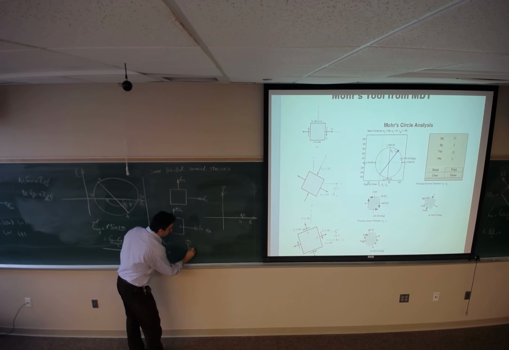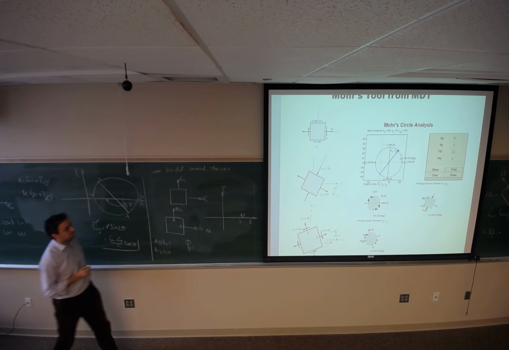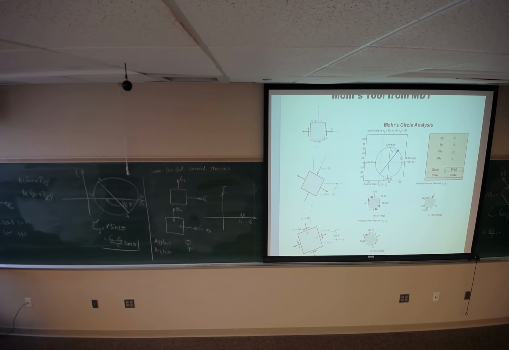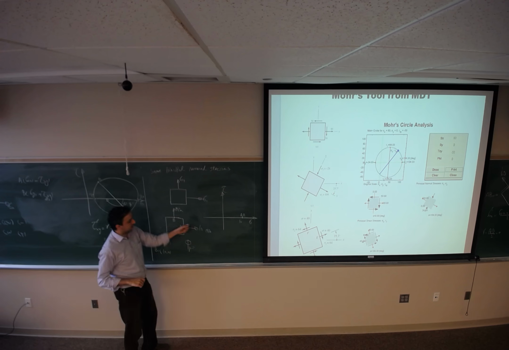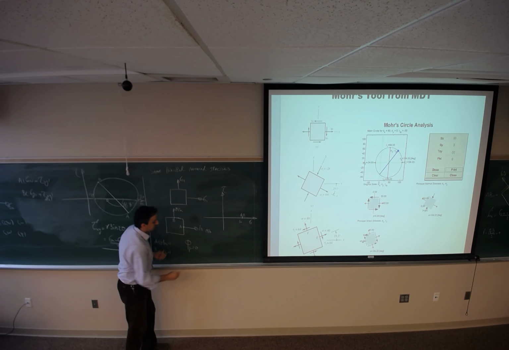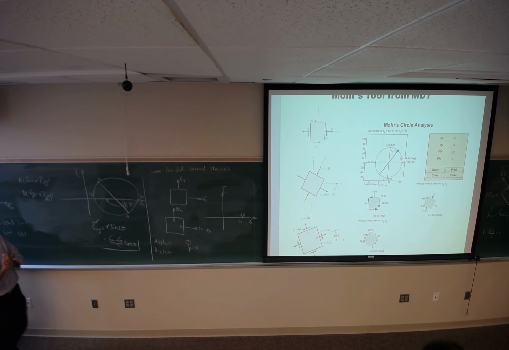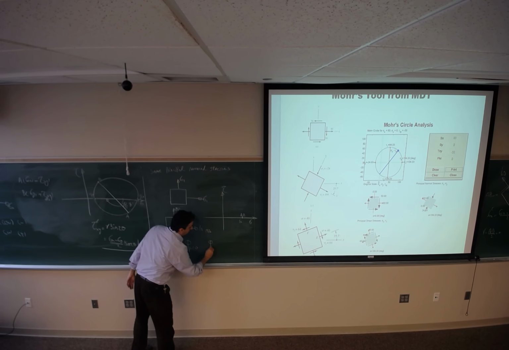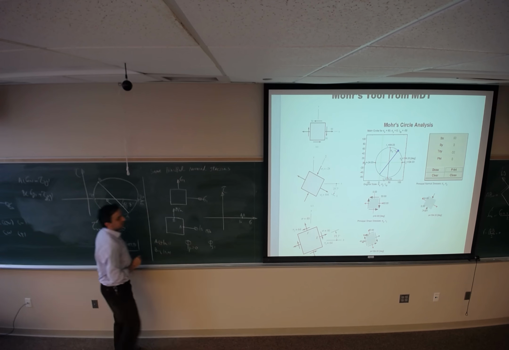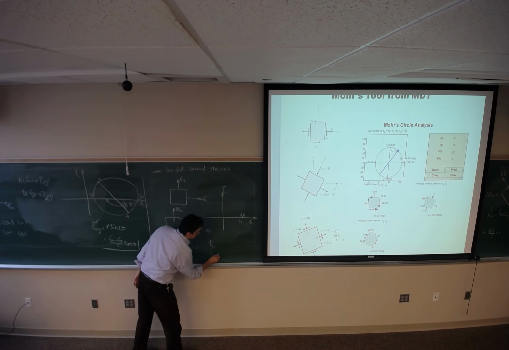The principal direction, since it's already principal normal stresses, we don't need to rotate this. So it's going to be phi equals 0. What would be the principal shear stress?